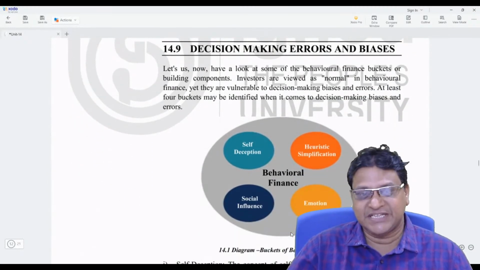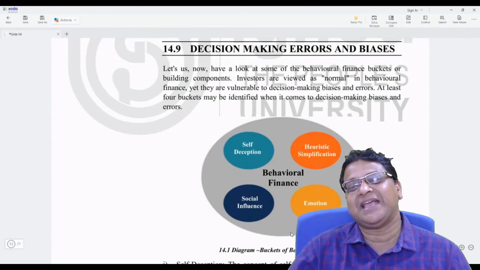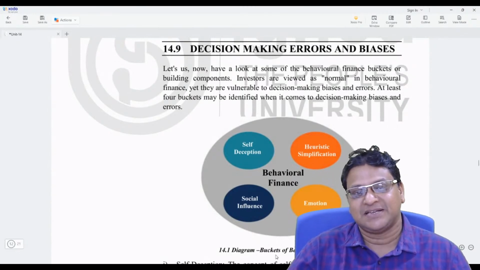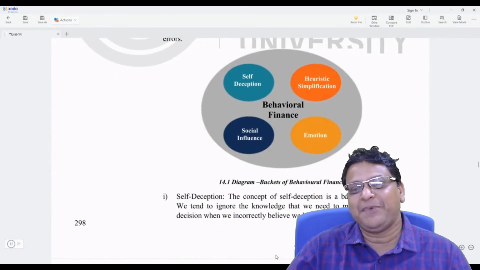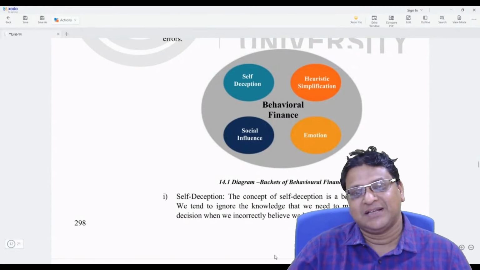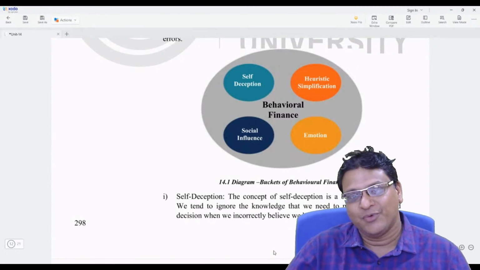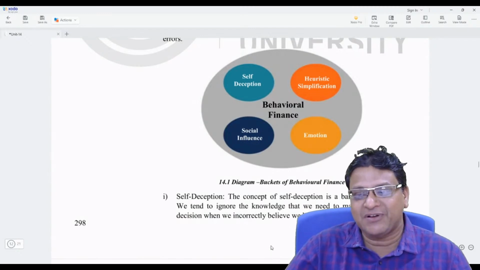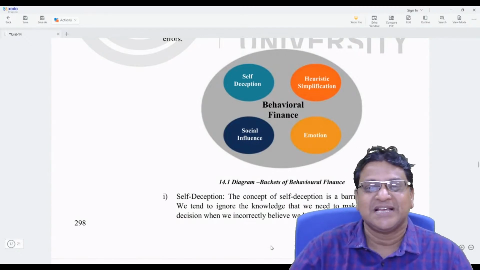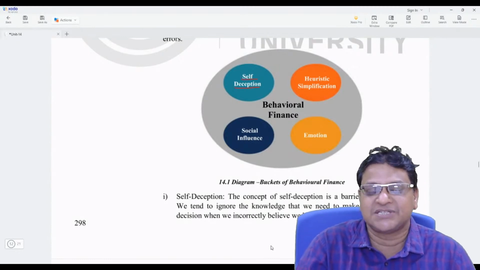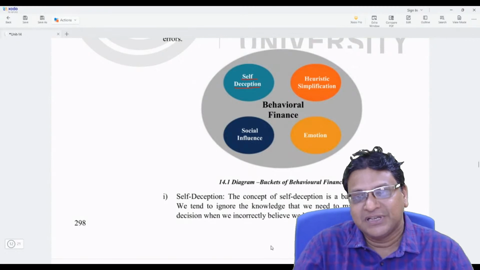Next, we'll discuss certain decision making errors and biases in behavioral finance. We know that there can be four types of errors or biases which influence the investor's decision making. What are those four types? First one is self-deception. We'll discuss what is self-deception.